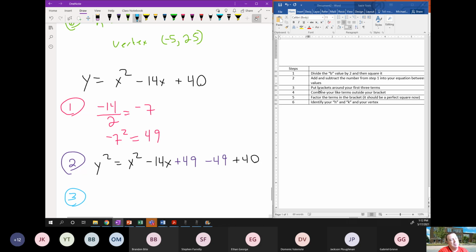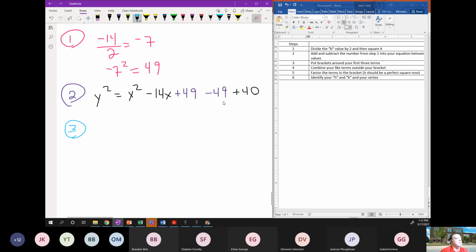Step 3 says put brackets around your first 3 terms. So I'm going to put brackets around these 3.